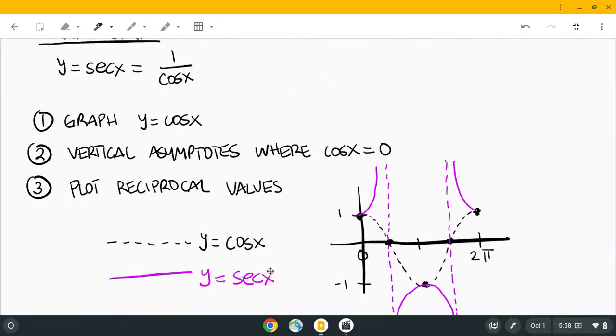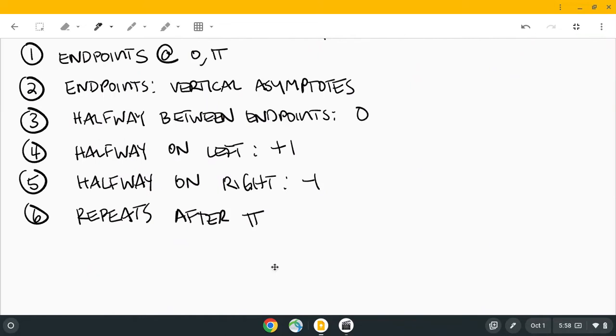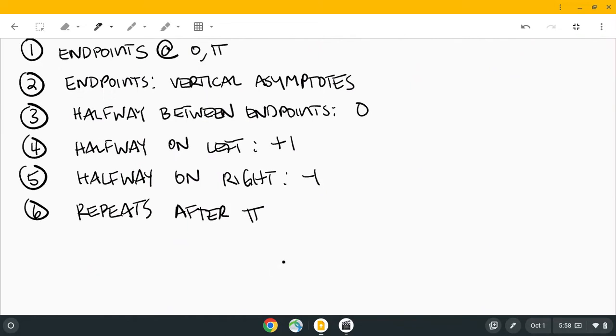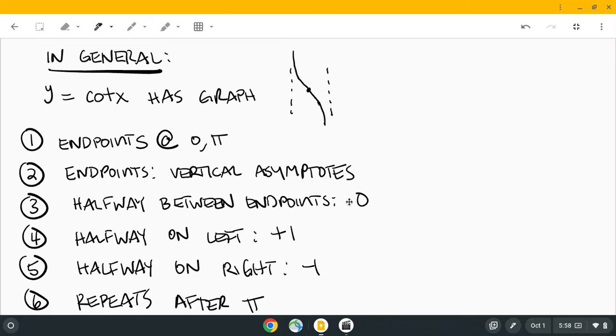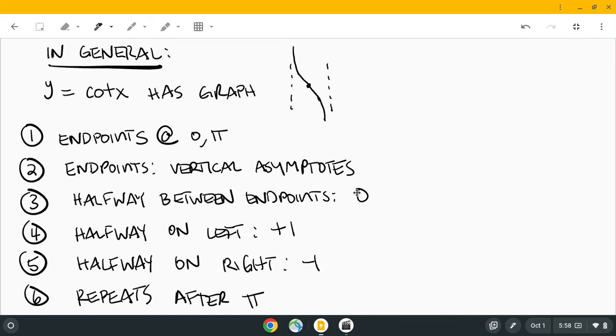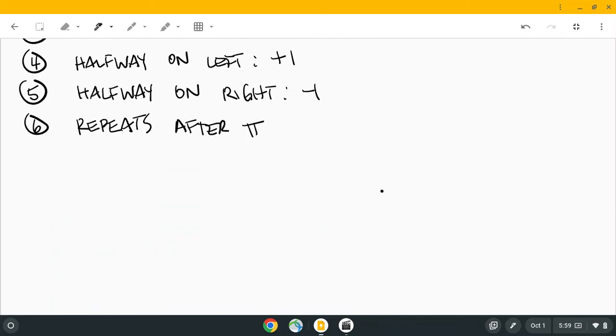Okay, so let's go back down here. So that is cotangent. So let's go ahead and do cosecant and secant.